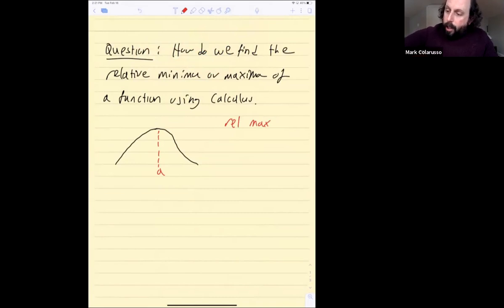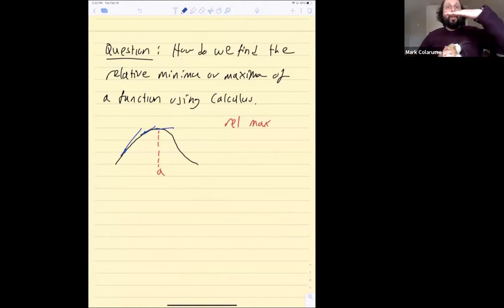And notice that as we're coming in, I'll use a different color maybe. If we look at the tangent lines to the function as we approach the relative maximum, they have positive slope, right? But they get less and less positive, and at the peak of the mountain, right where the maxima is, we have a flat tangent line.